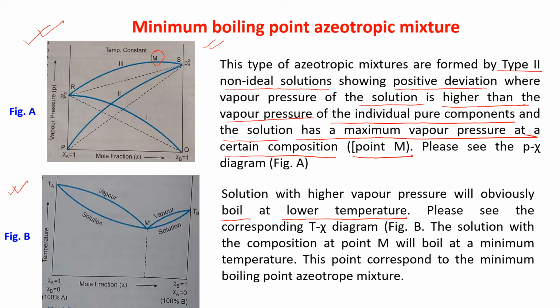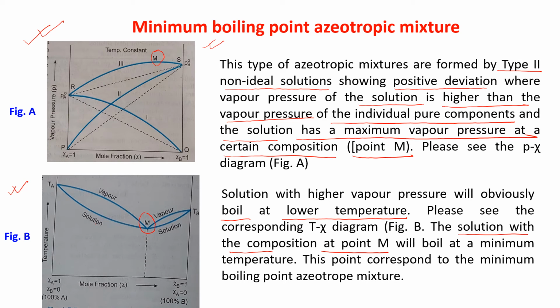See, this figure B is showing you the graph of boiling point and mole fraction. Okay, so in figure B, the solution with the composition at point M boils at a minimum temperature.